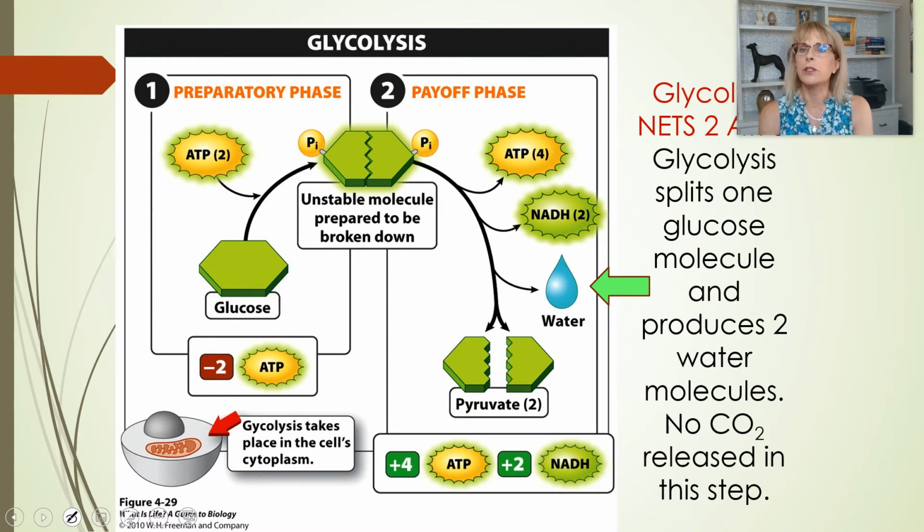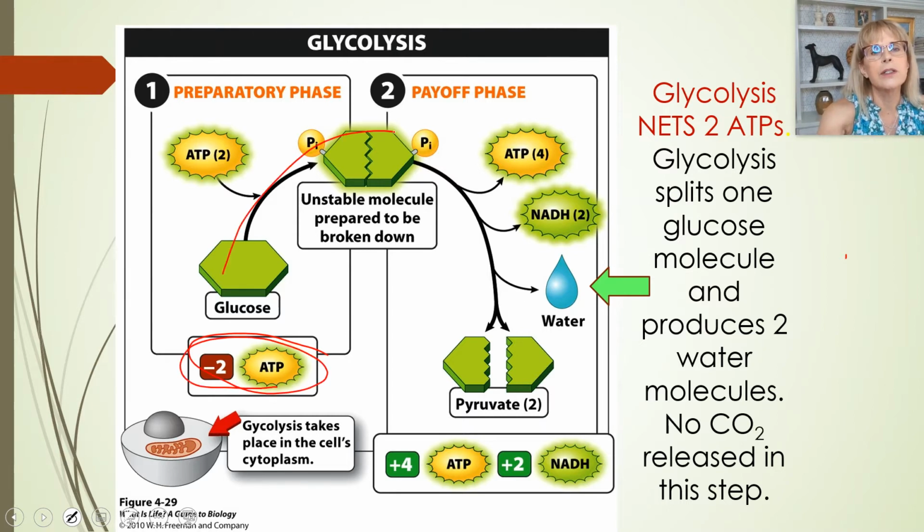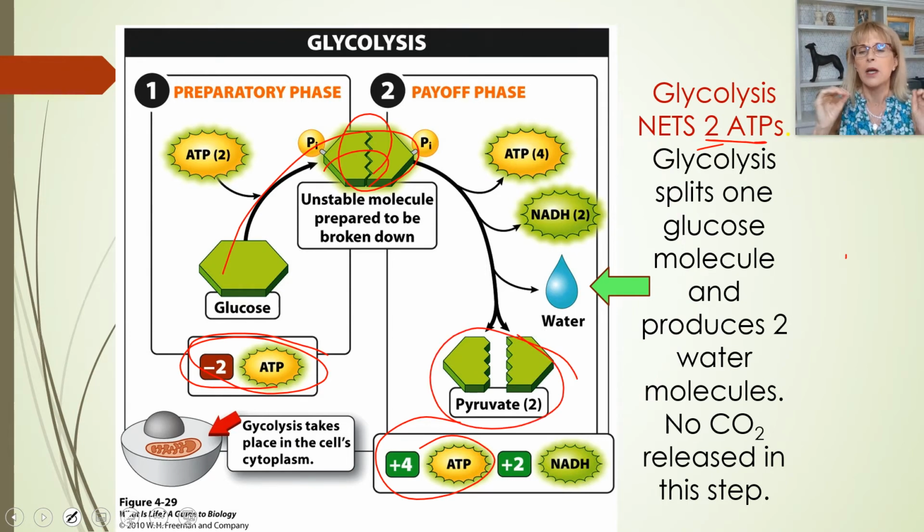This is glycolysis in more detail. Glycolysis will net 2 ATPs. It uses some ATP to make this unstable molecule, and that ends up making four. Anyway, just remember that it makes two, okay? And it splits one glucose into two pyruvates.